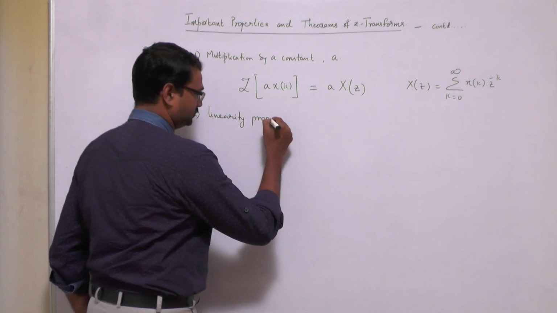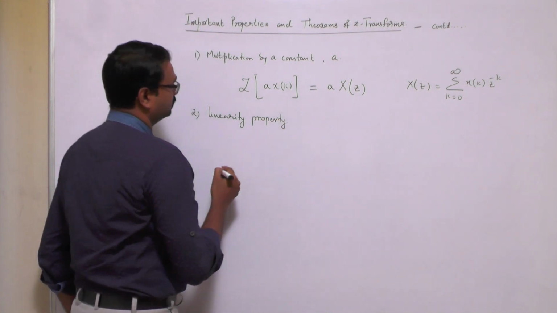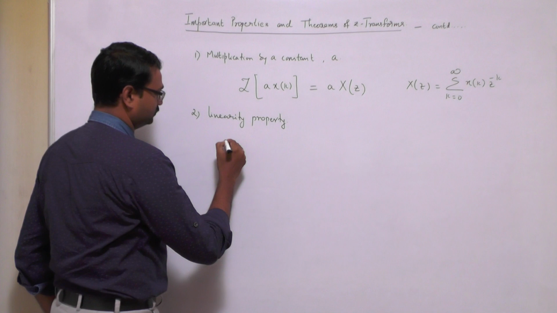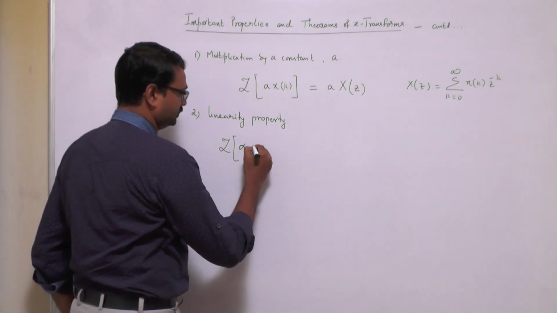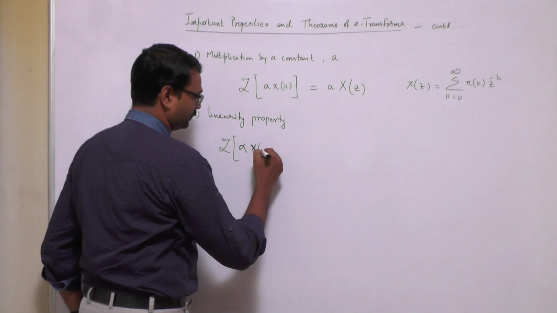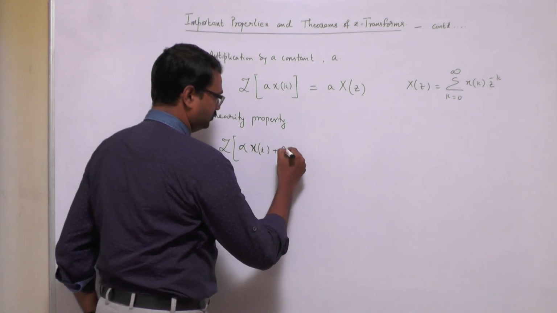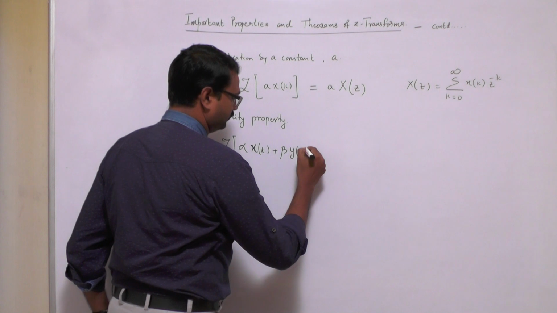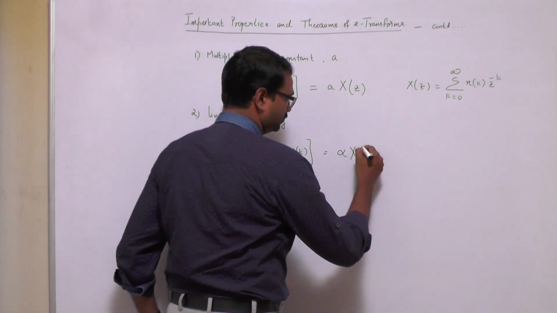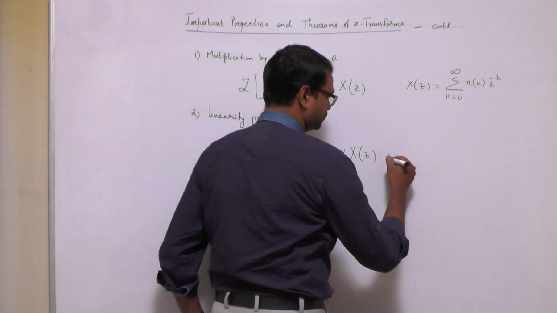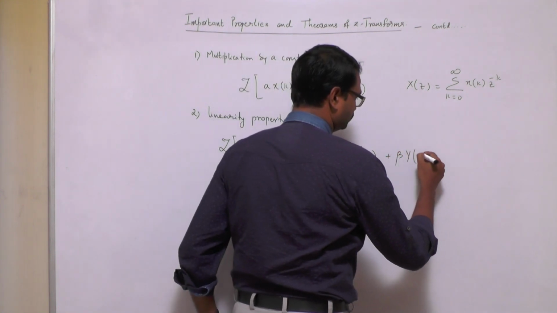we have discussed this. The linearity property here, the Z transform of alpha x of k plus beta y of k, where alpha and beta are constants, you have alpha into x of z plus beta into y of z.